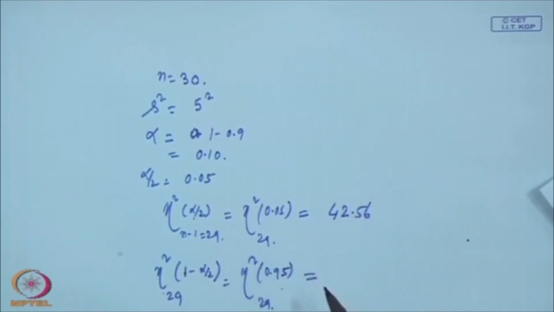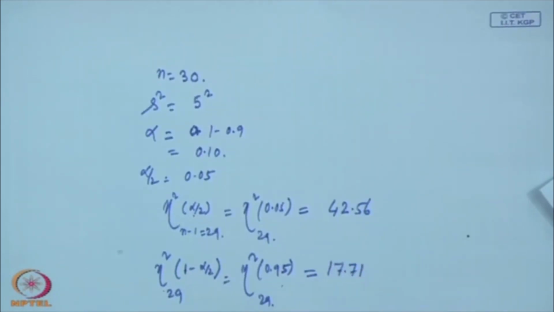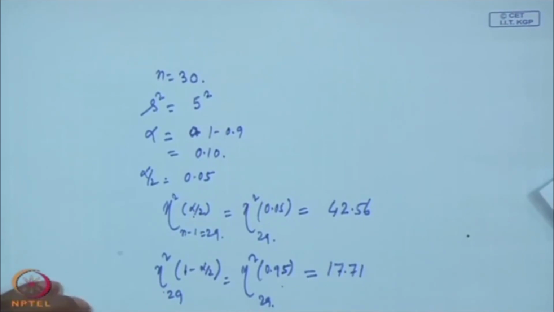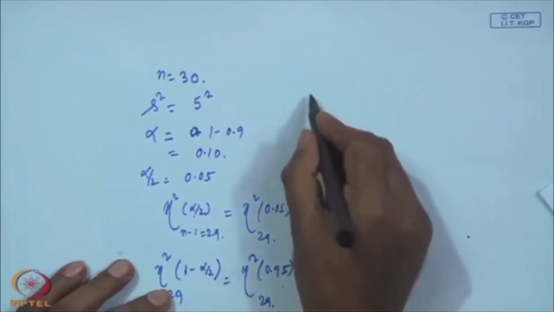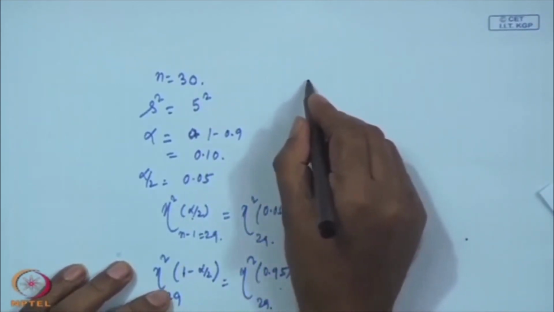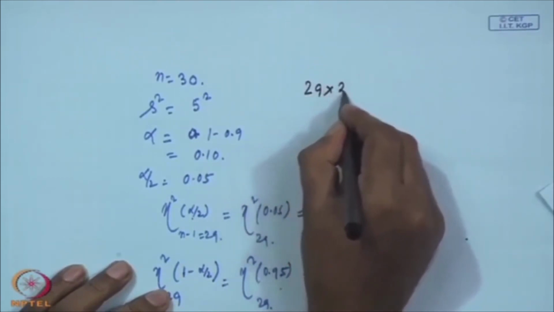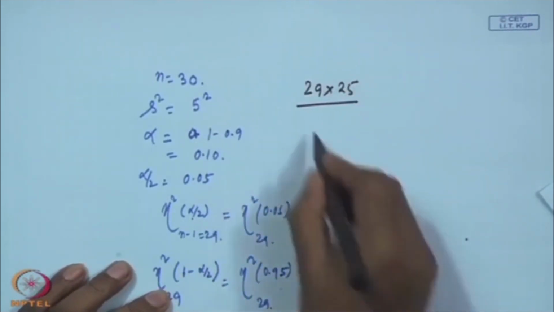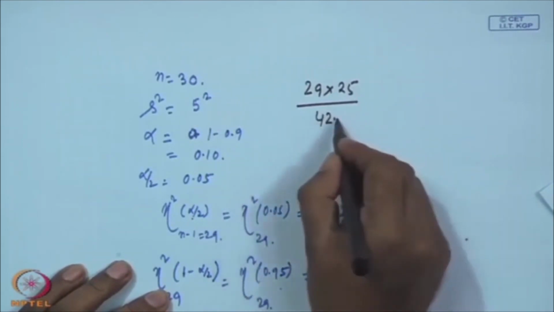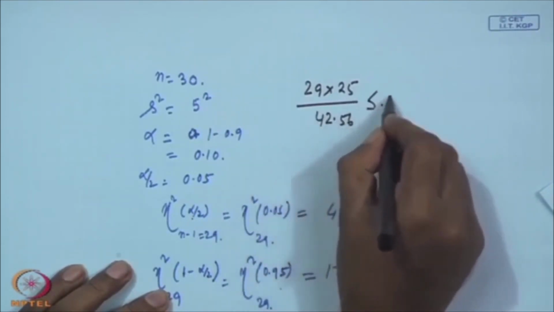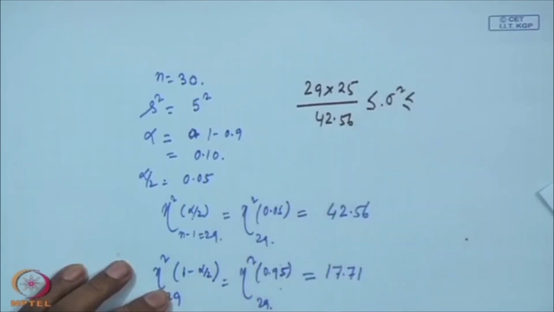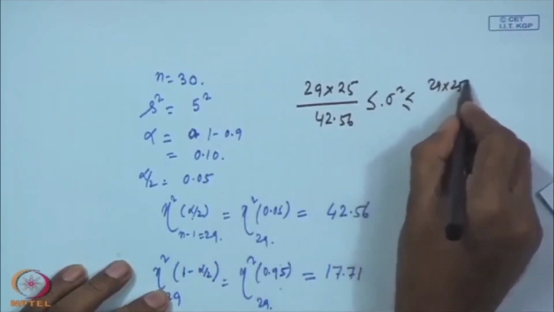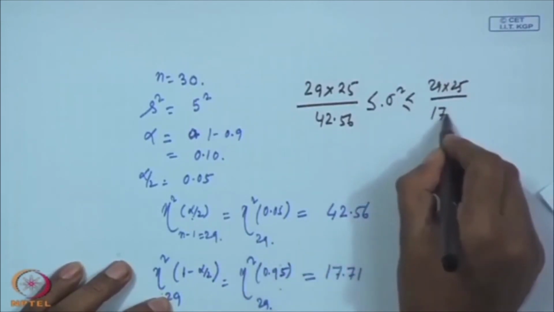Similarly, chi-square 29, 0.95 is 17.71. Once you know these two values, your computation becomes very simple: n minus 1, that is 29, into s square, 25, divided by 42.56, less than or equal to sigma square less than or equal to 29 into 25 by 17.71.